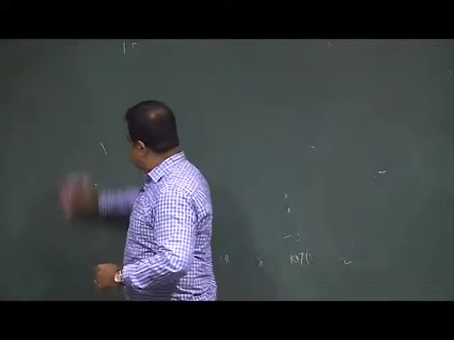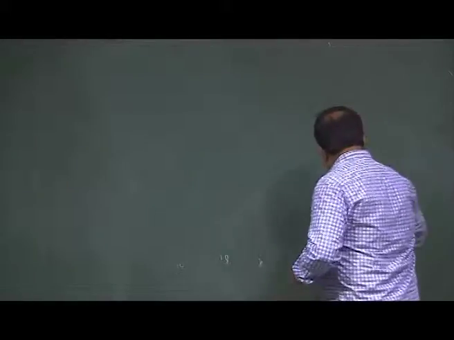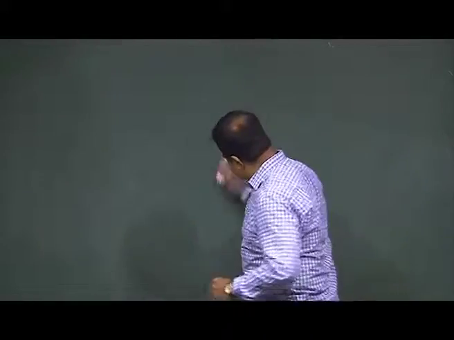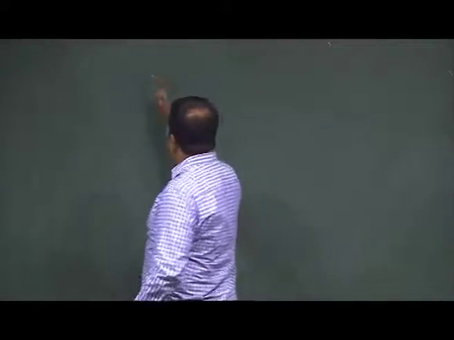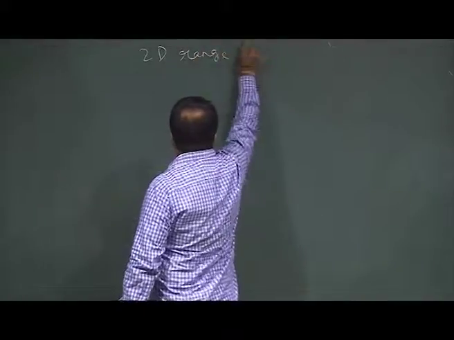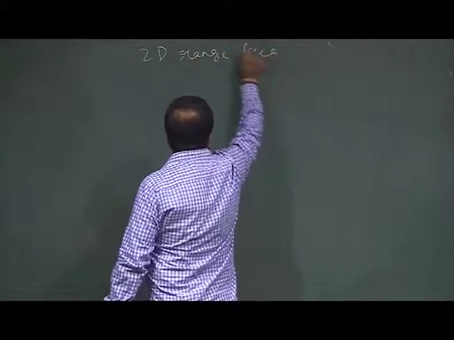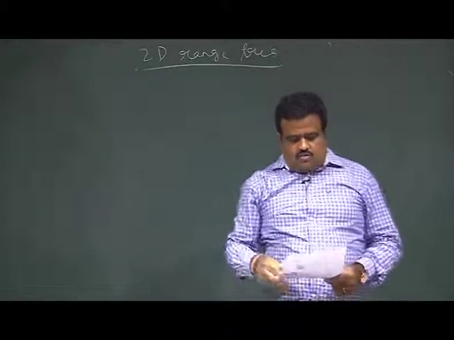Now, this is a very nice data structure. The advantage is we can extend this for 2 dimensional or higher dimensional. That is the 2D range tree. The question is how we can extend this for 2D.